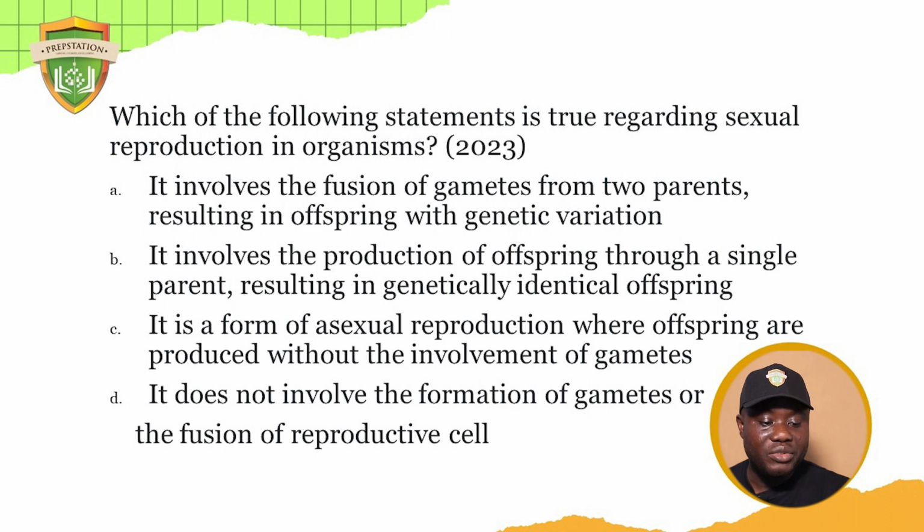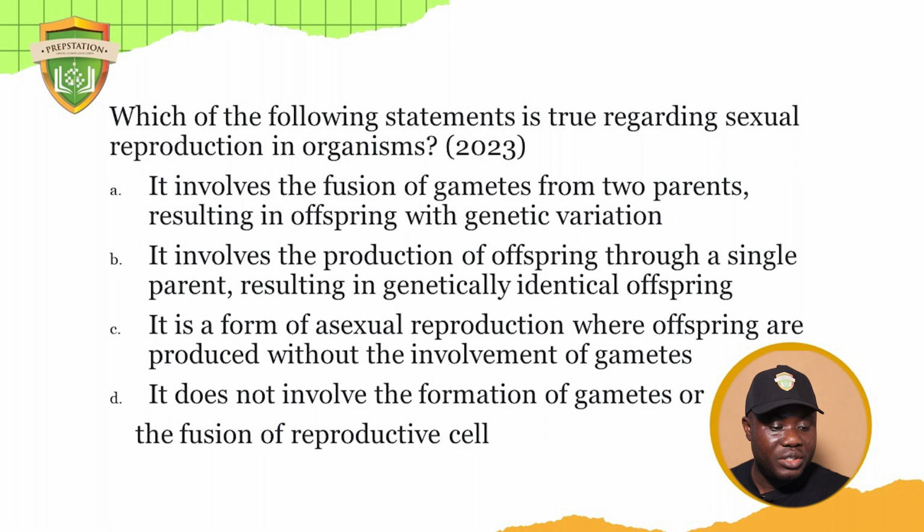Option B, it involves the production of offspring through a single parent, resulting in genetically identical offspring. Now, you agree with me that option B says a single parent, which cancels it out, and also genetically identical offspring. That is mitosis, not meiosis.